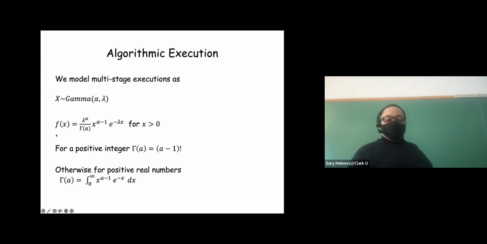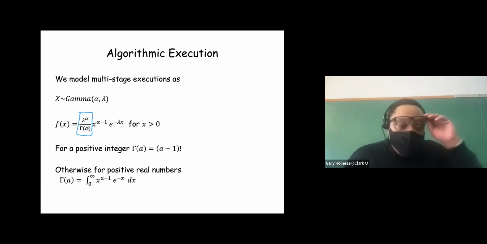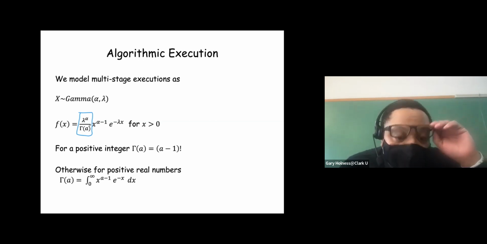This is the density function of the gamma distribution, and it gets its name, gamma distribution, from this leading coefficient, which involves something called the gamma function. And so here we have rate lambda to the alpha power, and then here we have gamma of alpha, that should be alpha and not a.